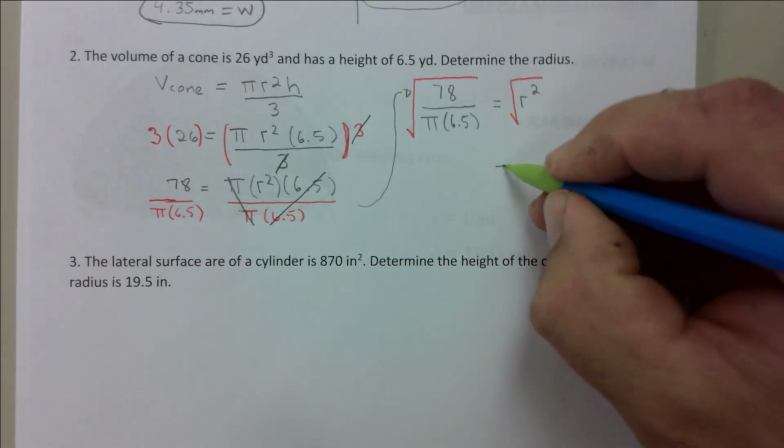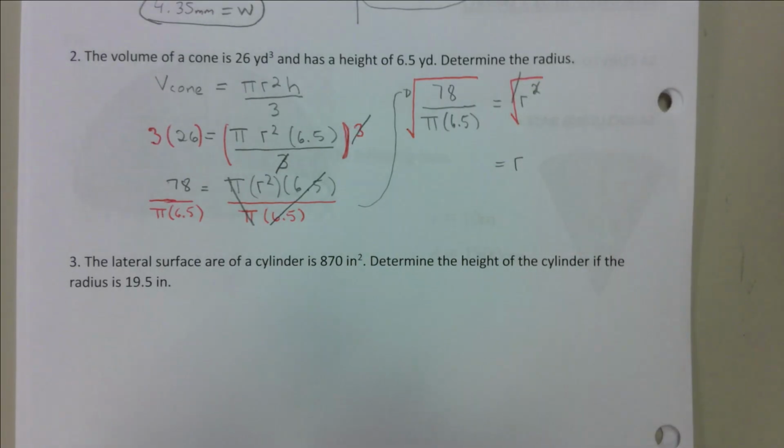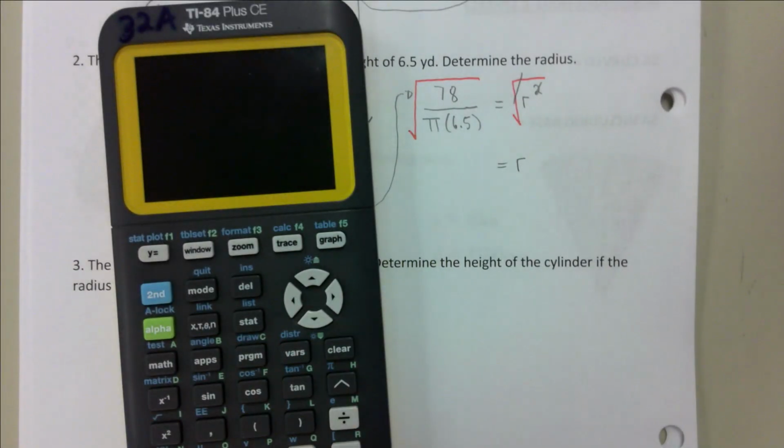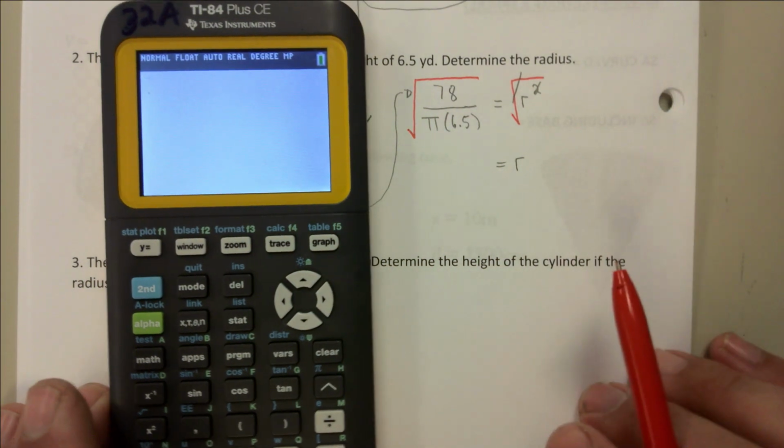And now you're left with r, because the square cancels the square root. And here's where you want to use brackets, okay? But I'll show you what I prefer to do in this circumstance. Maybe I even show it in the work because there's nothing wrong with it.